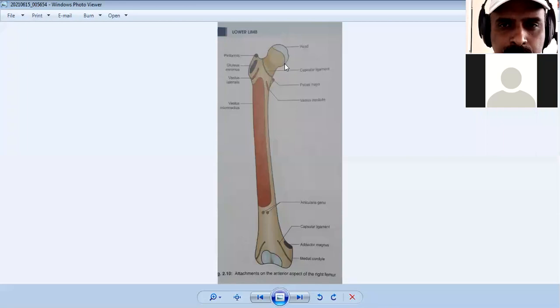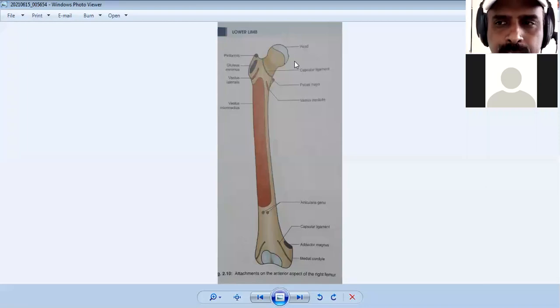Hemispherical, which articulates with the acetabulum. So here you have to remember that the head of the femur articulates with the acetabulum.